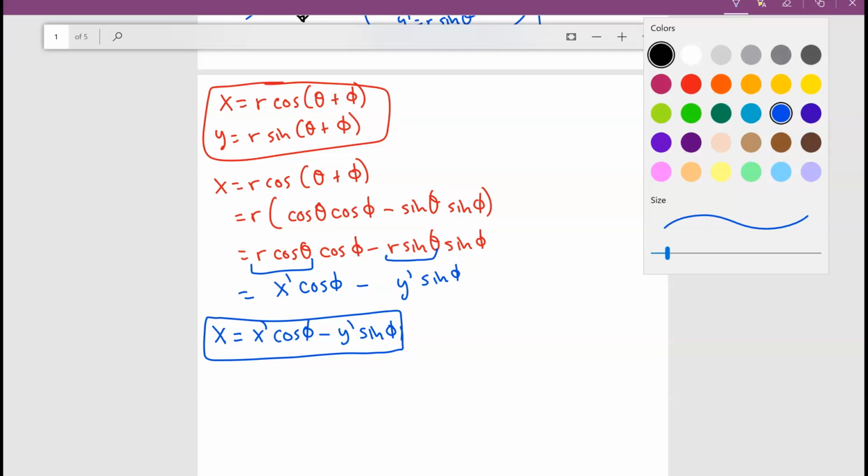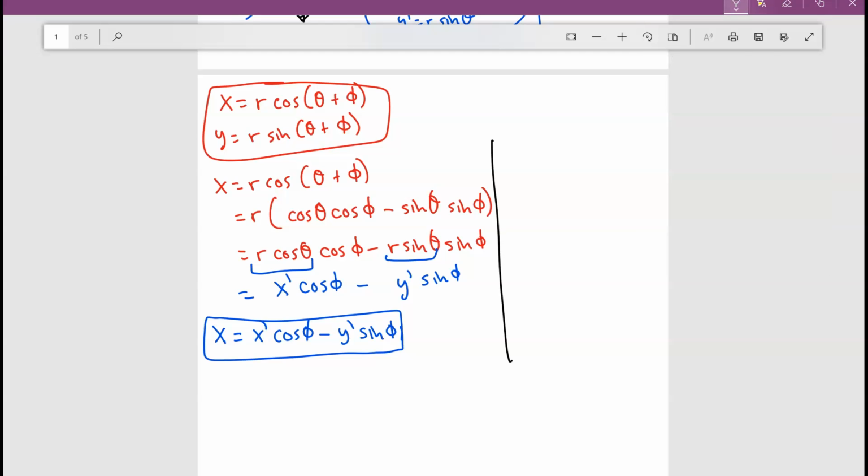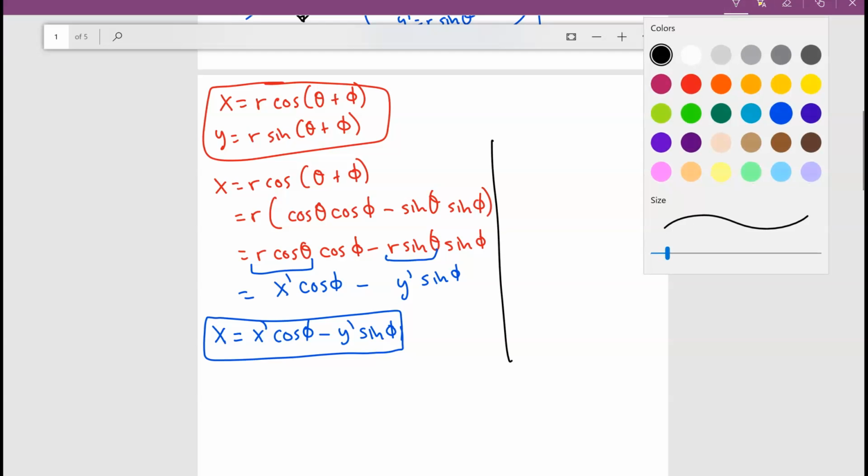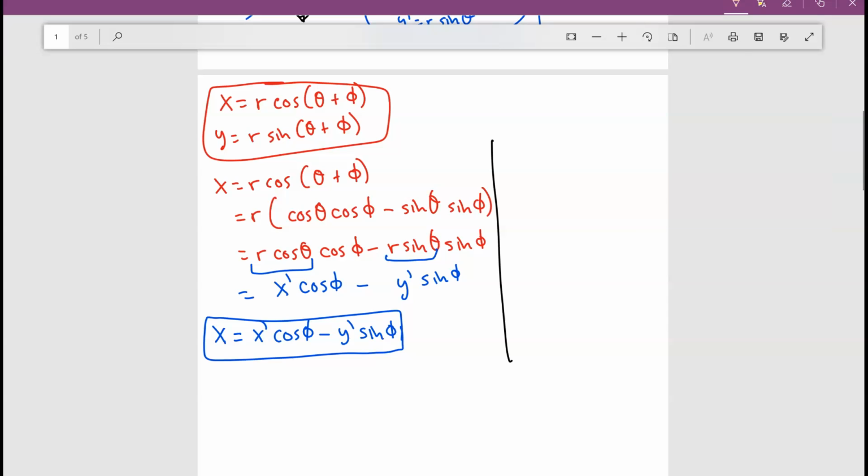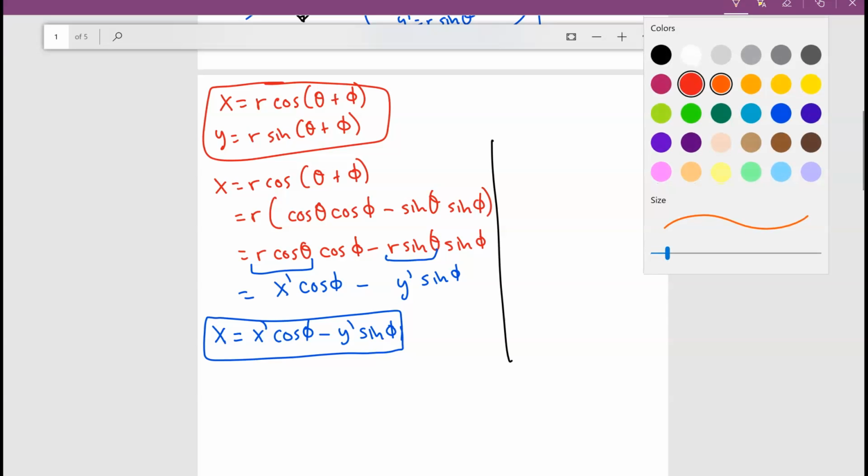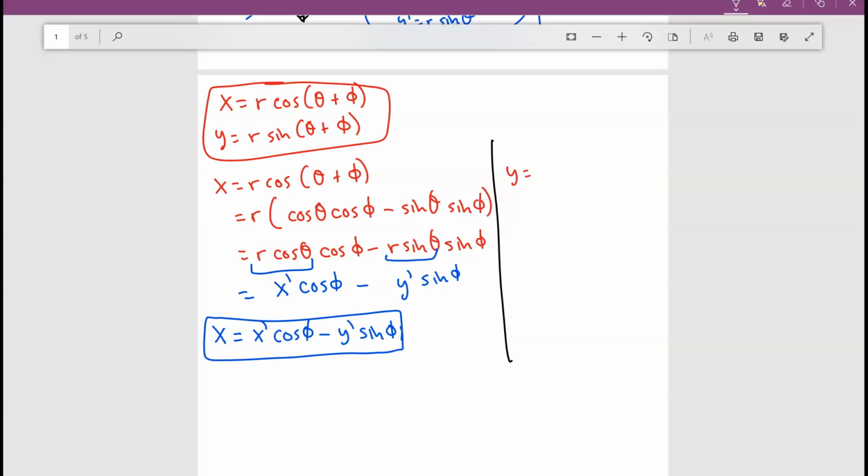Now let's look at the other one with the y, because we're going to do exactly the same thing. So we have y equal to r sine (theta plus phi). We are going to use, again, the trig identity: r times (sine theta cosine phi plus sine phi cosine theta).